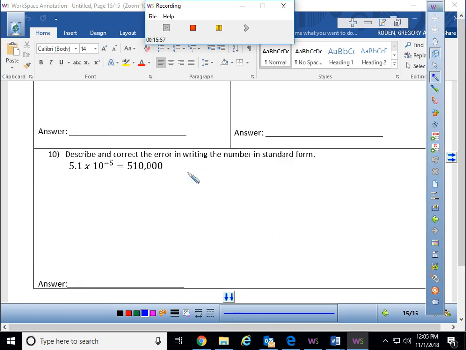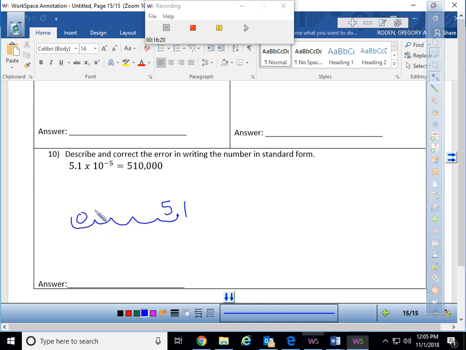Okay, so what's the error here? I think it's pretty obvious. It's a negative exponent, so what they should have done, not dumb, but they should have scoop-de-looped the other way. So they need to scoop-de-loop to the left, not to the right, because it's negative. So it would be 1, 2, 3, 4, 5.